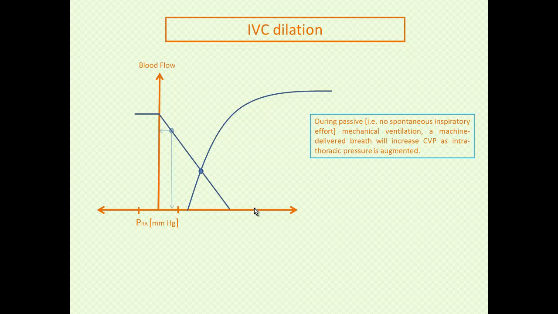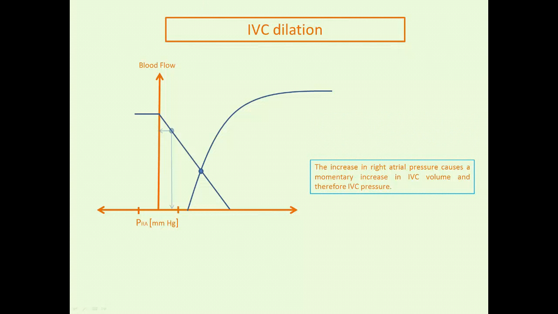And actually, as we saw, there's changes in the venous return curve with PEEP and mechanical breaths that tends to increase the right atrial pressure more. But just for simplicity, I'm showing it moving along a simple systemic venous return curve. And this increase in right atrial pressure causes a momentary increase in IVC volume, and therefore IVC pressure.